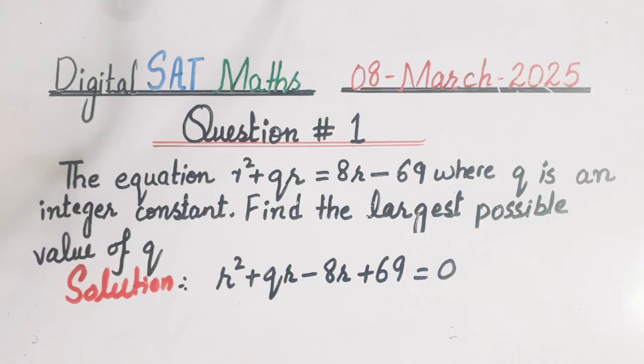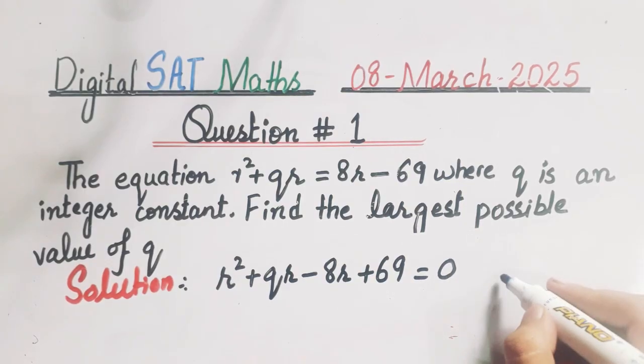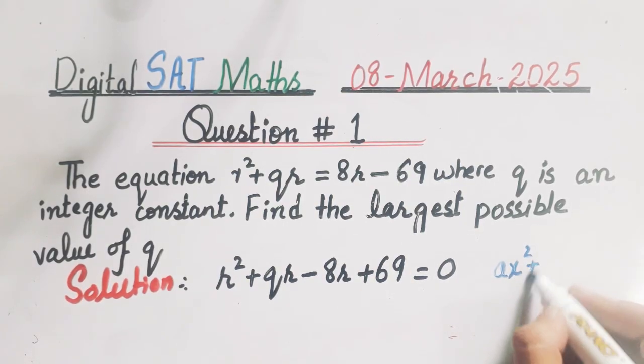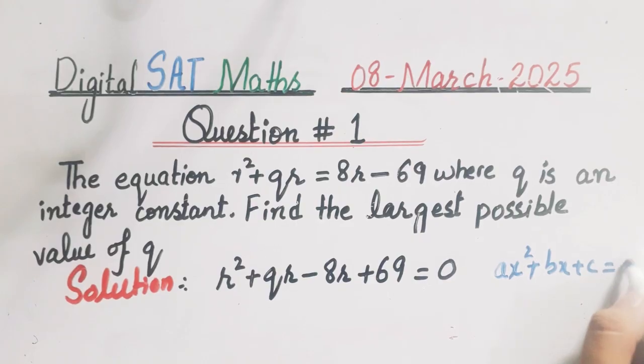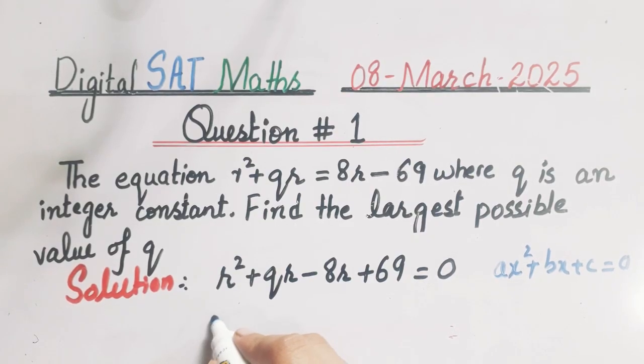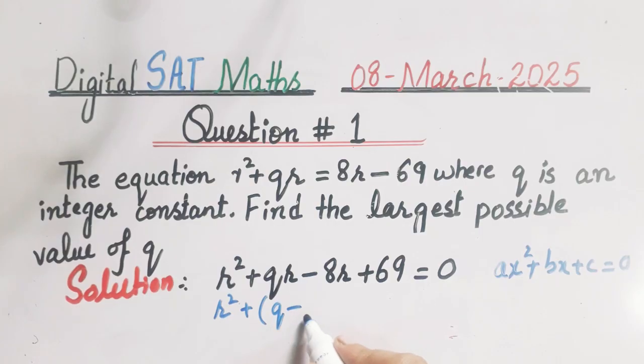Now we will convert this into the standard form ax squared plus bx plus c equals 0. This becomes r squared plus (q minus 8) r plus 69 equals 0.